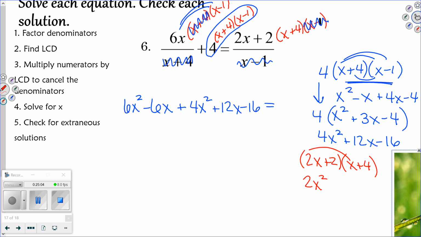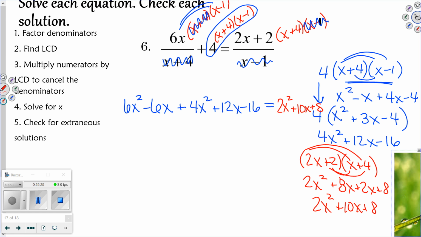So 2x squared plus 8x plus 2x plus 8. 2x squared plus 10x plus 8. Where does that go? After my equal sign. Cool.